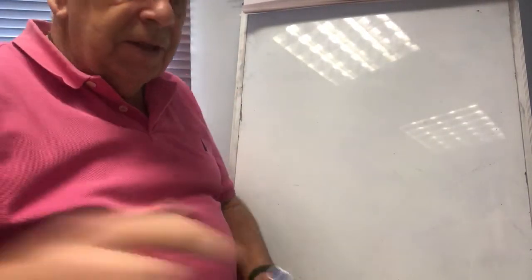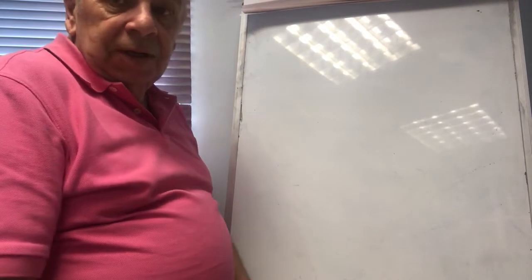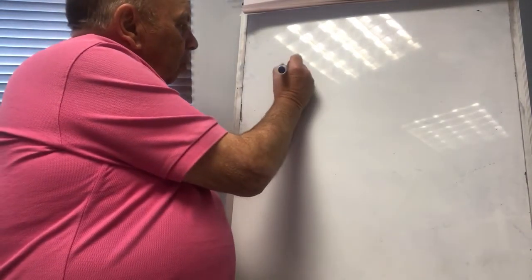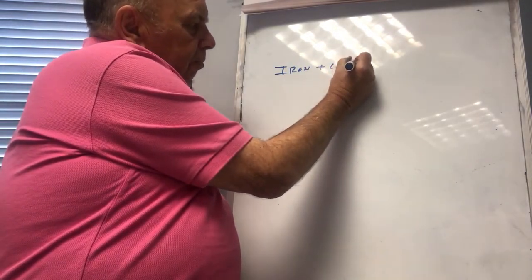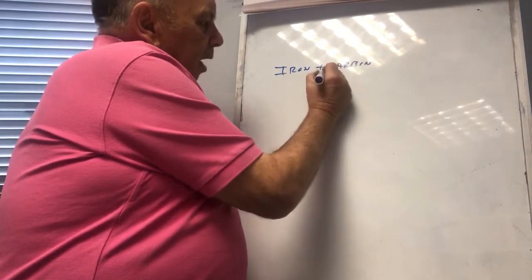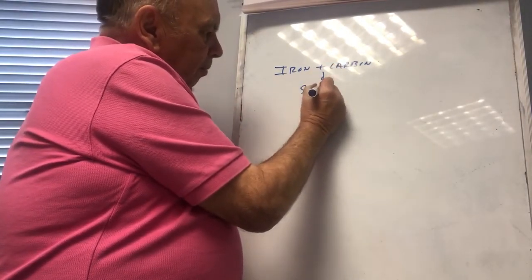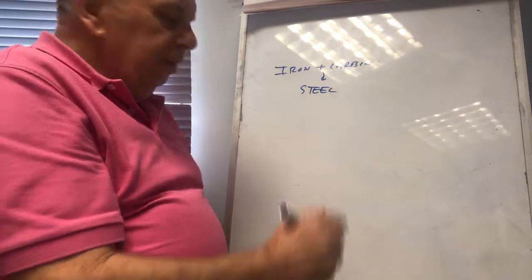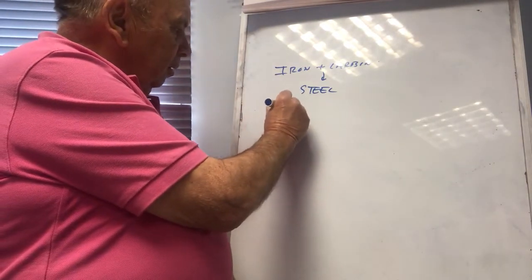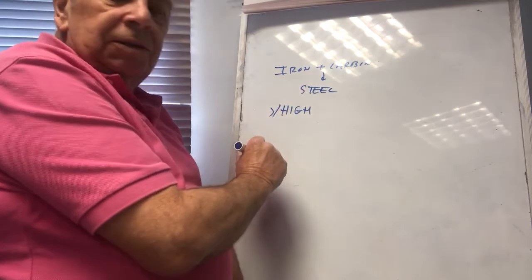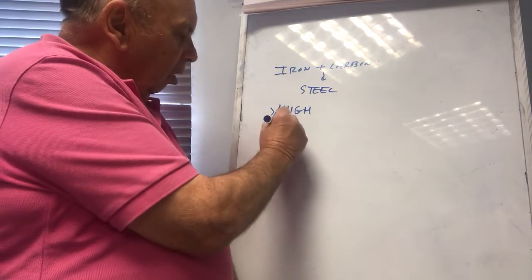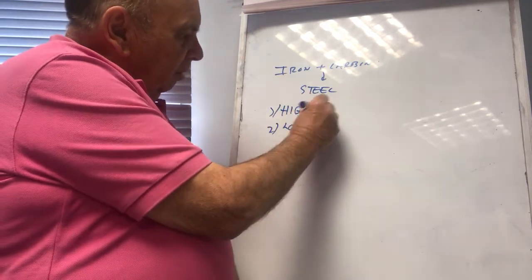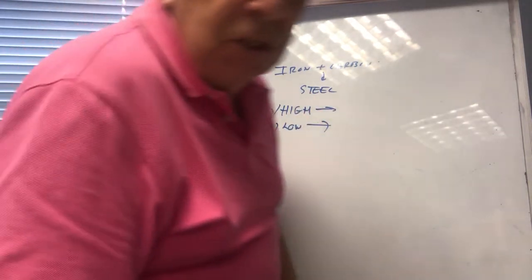Let's take another example. You take something like iron. When iron is mixed with carbon, you get steel, and you get things like high carbon content and low carbon content, and these affect the nature of the metal.